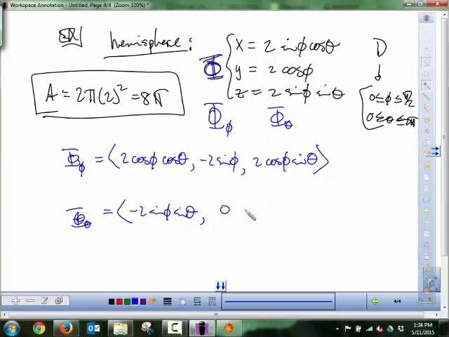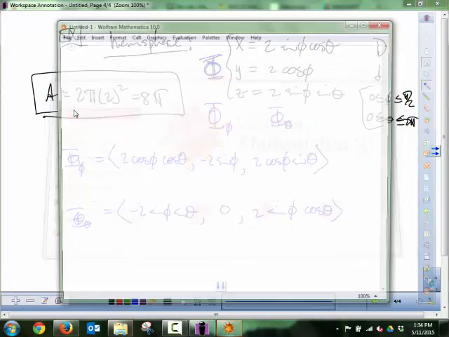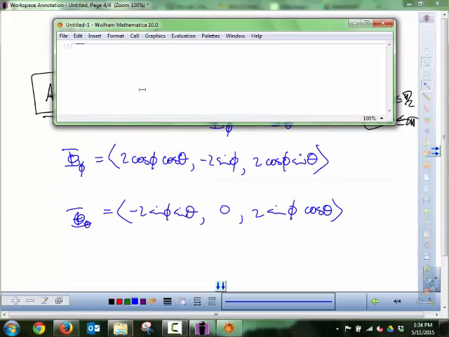My y component is 0 because there's no thetas in there, and my z component is going to be a positive 2 sine phi cosine theta. Now this is the part that I don't want to cross, so I'm going to let Mathematica do it for me.